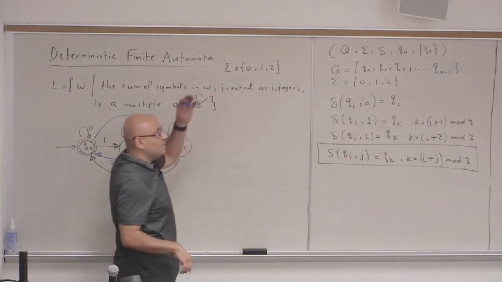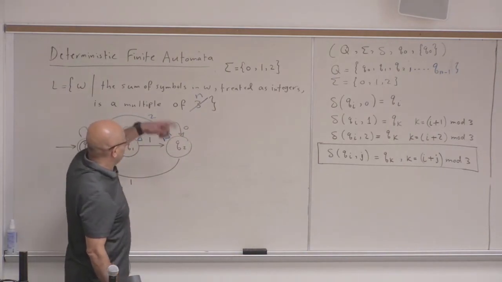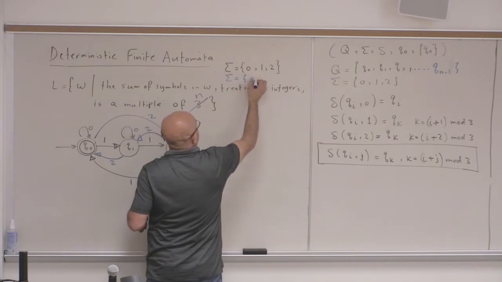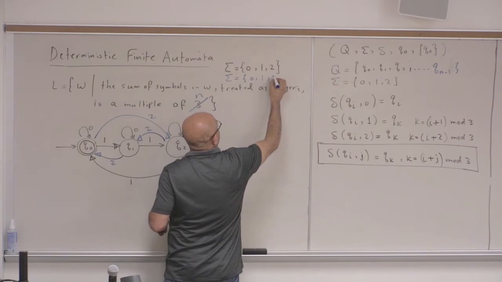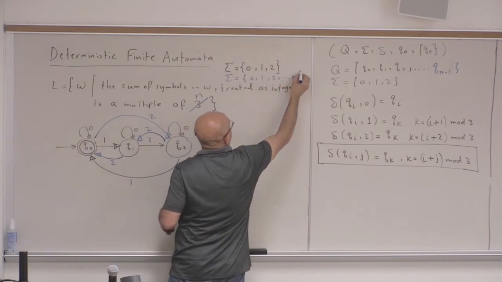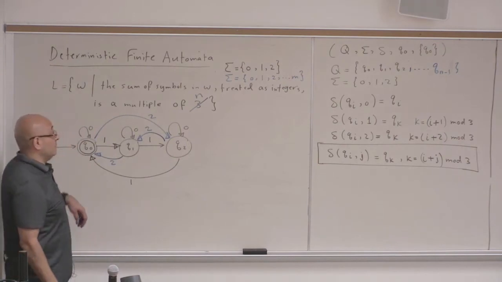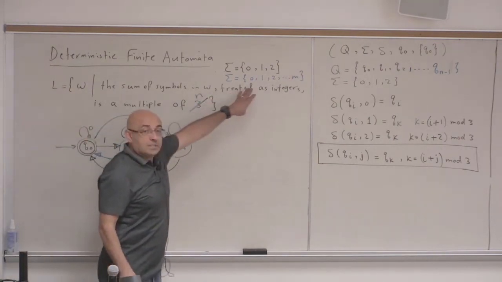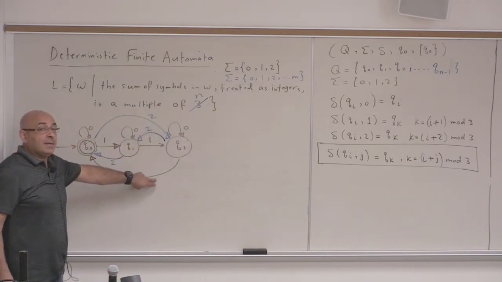And then the sigma, in fact, we can generalize the sigma. If your sigma is 0, 1, 2 through m, this is something that you will not be able to express using a transition diagram. The transition diagram can do the concrete, but it cannot do the abstract.